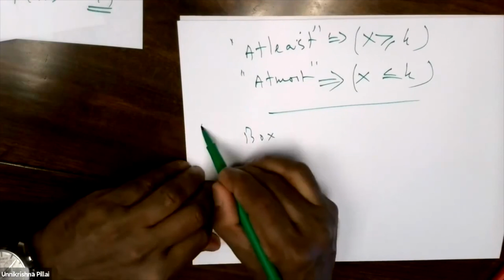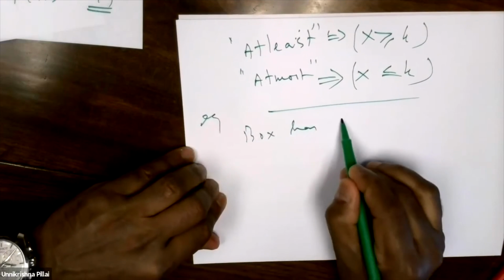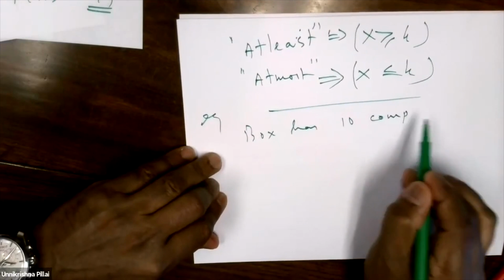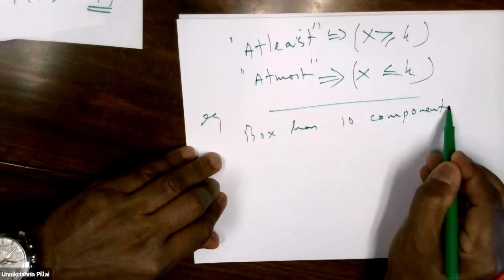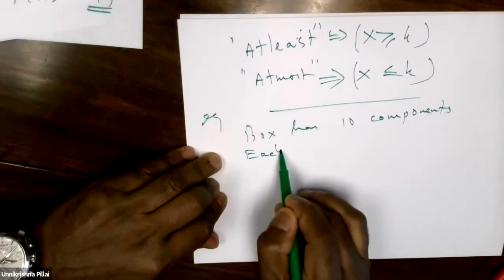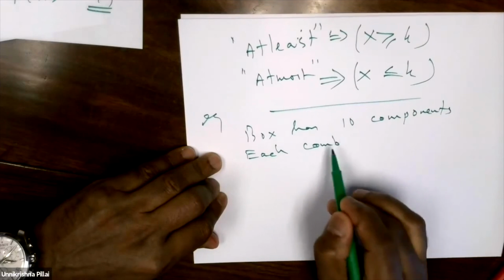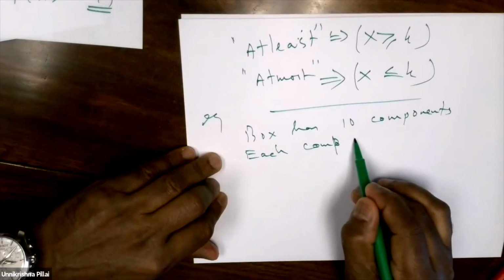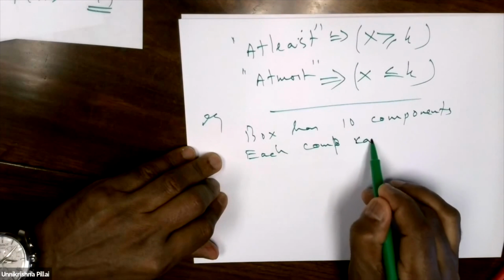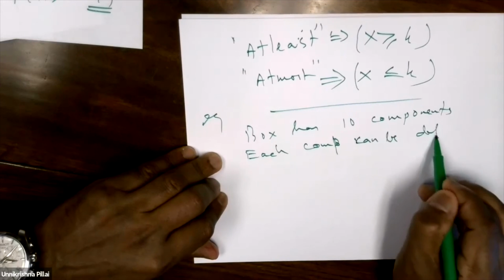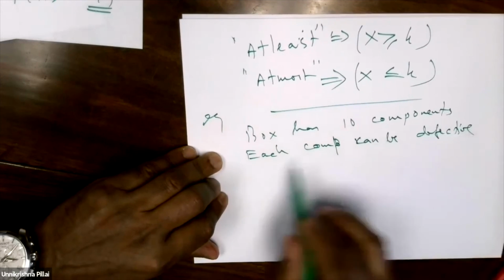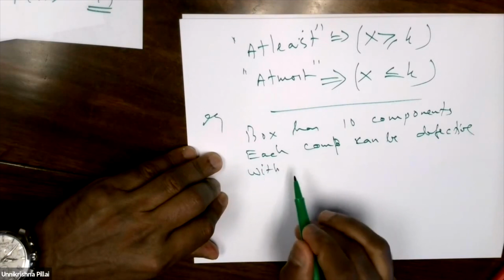So look at this problem. A box has 10 components, each component can be defective with probability small p.